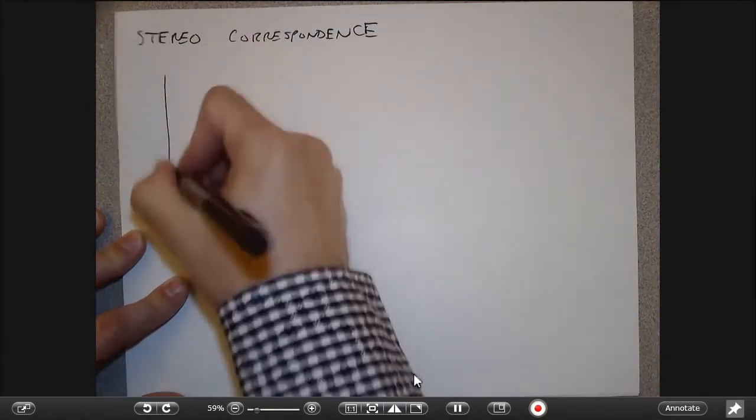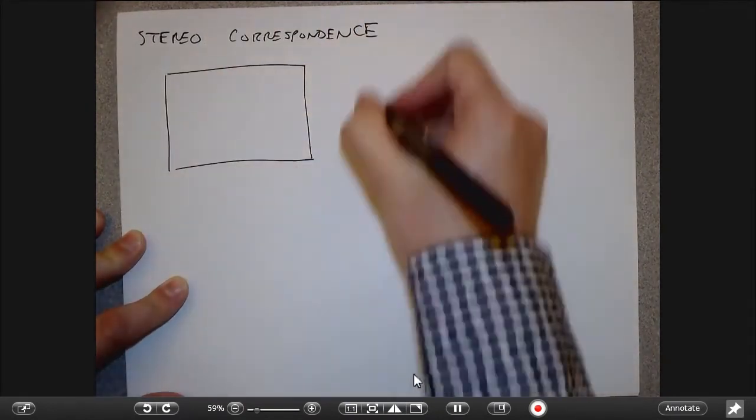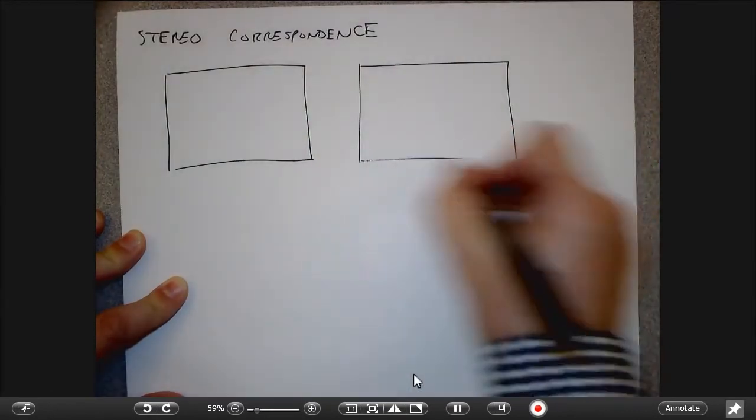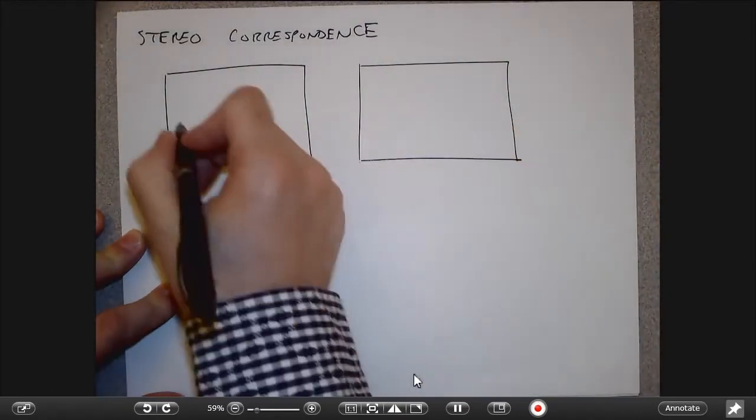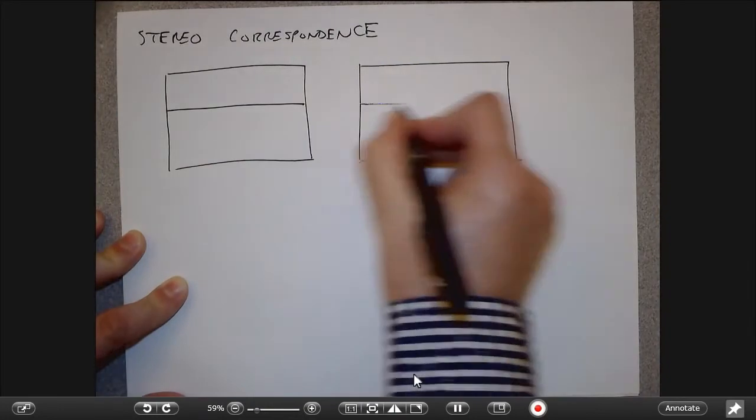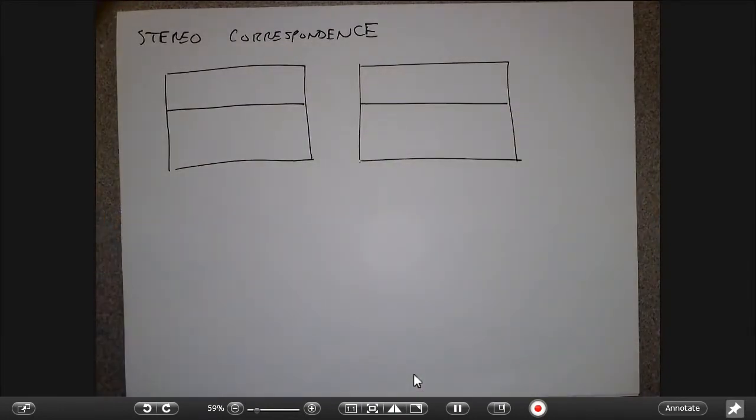The setup is that we have a pair of images, and we're going to assume that these images are rectified, right? We talked about this at the end of last class. This basically means that we transform the images initially so that the epipolar lines are horizontal lines that coincide with the rows of the image.